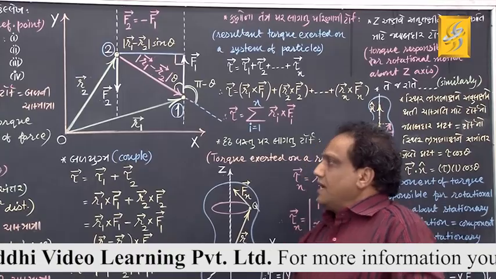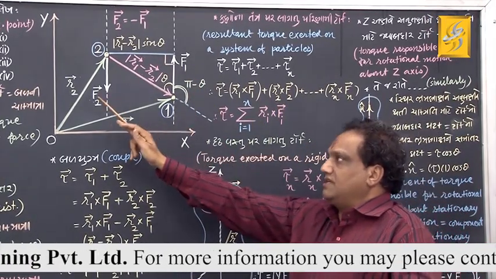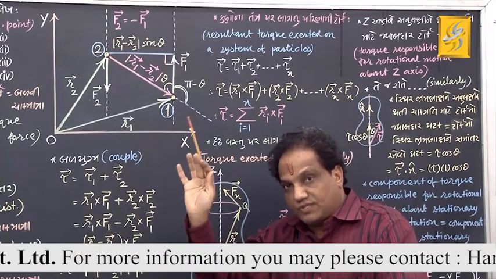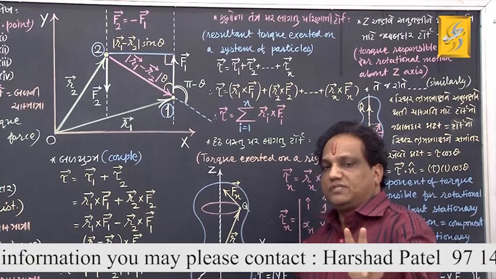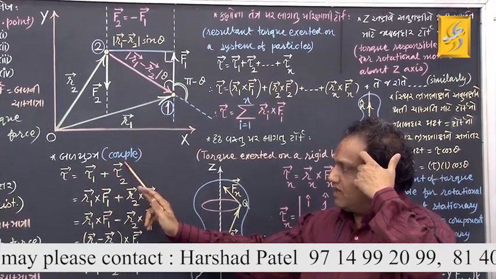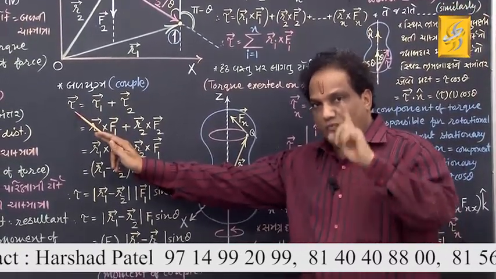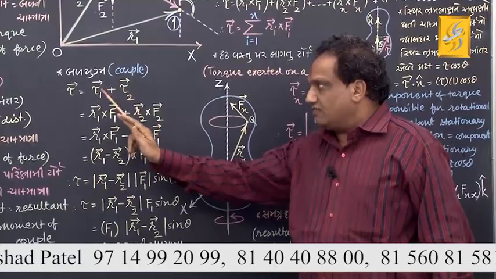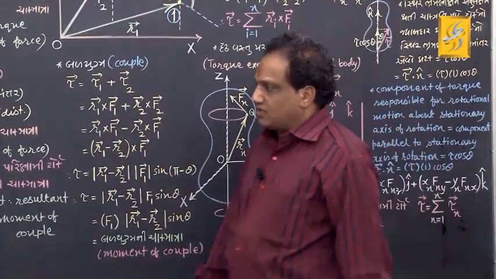Fine. And now just remember one thing: as many forces, that many torques. Two forces, then two torques. Let them be vector τ1 and vector τ2. If you want the resultant torque, you must make a vector addition of these two torques. What is vector τ1 from the basic definition?